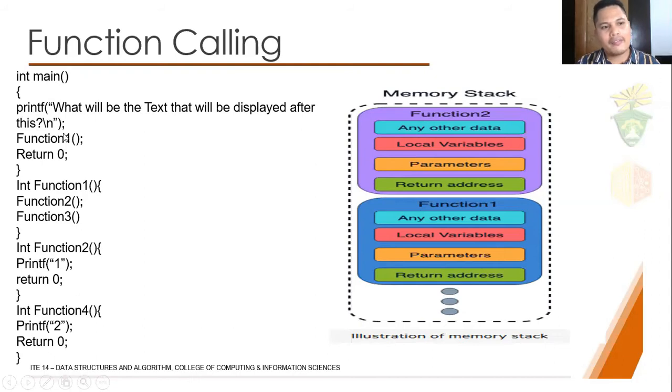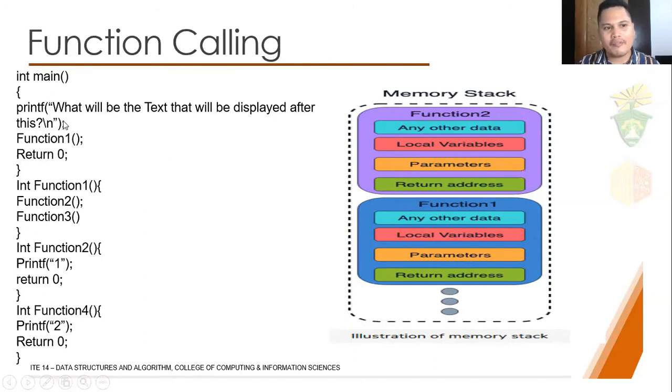In our main function, we invoke function 1, meaning we call function 1. As you can see in our main function, the control will now be transferred to function 1.